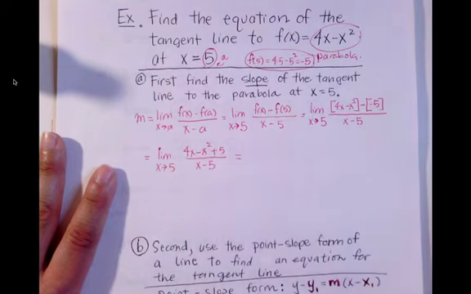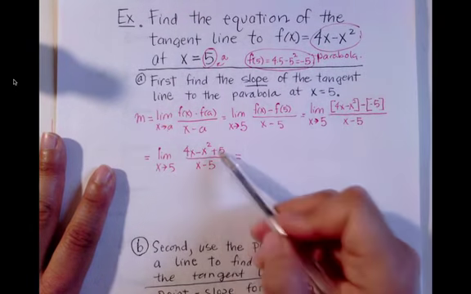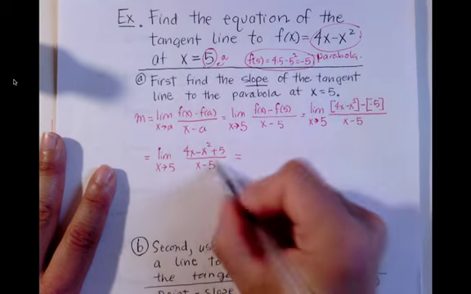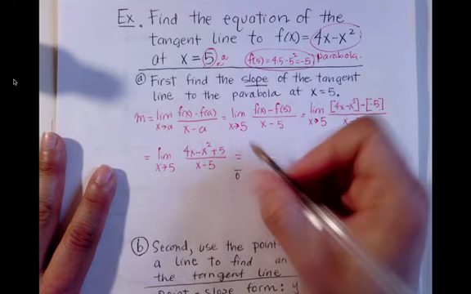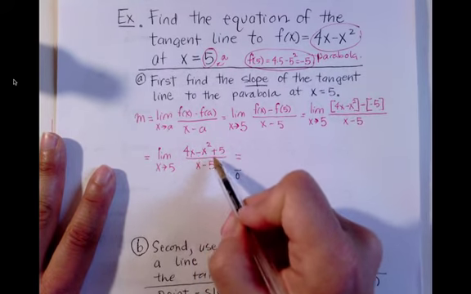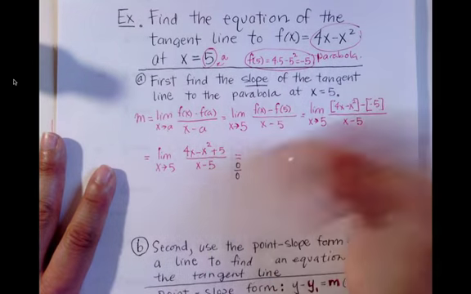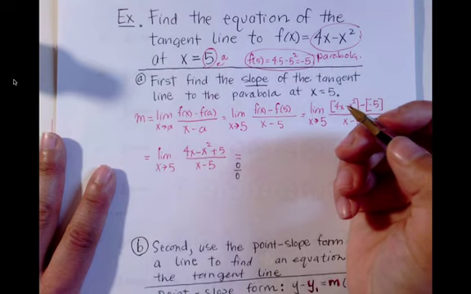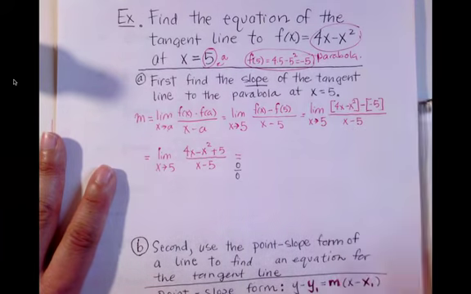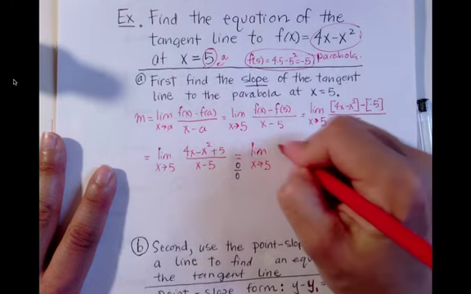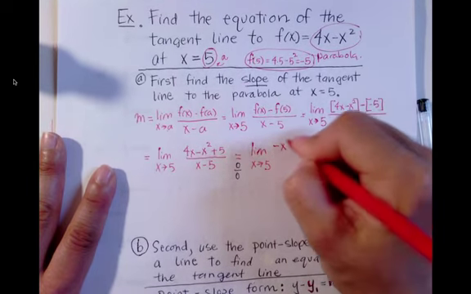Now, if I try to take the limit, this is a rational function. I'm going to try direct substitution, but I can see that in the denominator I'm going to have 0. In the numerator I'm going to have 20 minus 25 plus 5. That's also 0. That's indeterminate, which means I have no info about the limit. I need to use some algebra to pull the limit out. So I'm going to try to factor.